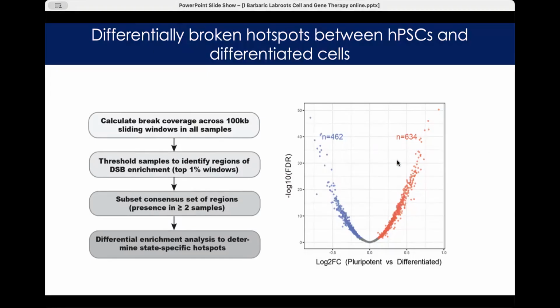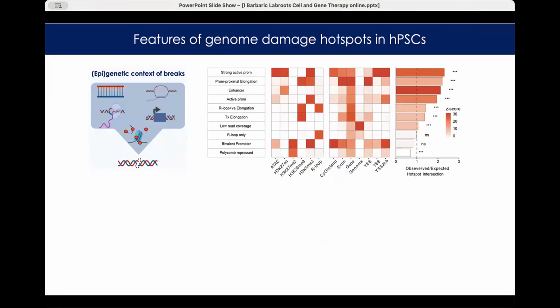Now, looking a bit more in detail into these hotspots, we first asked whether there are any specific genomic and epigenomic contexts that could tell us why they appear in these particular sites in the genome.